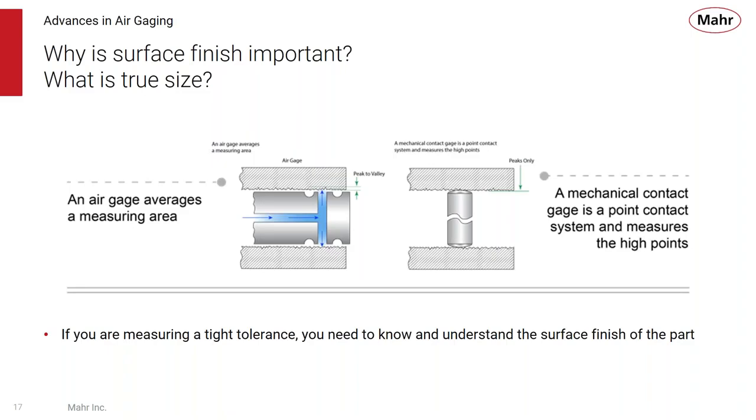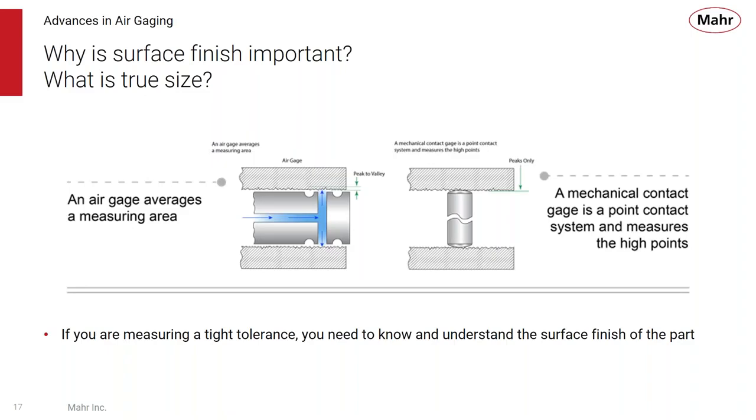And as you know, all surfaces have some surface finish or roughness conditions to them, tool marks, etc., from the manufacturing process. So the air gauge has to fill in those peaks and valleys to create the back pressure. If that surface roughness is very high and those peaks and valleys are very deep, you look at an averaging condition where the back pressure is built up at an average location of those peaks and valleys.